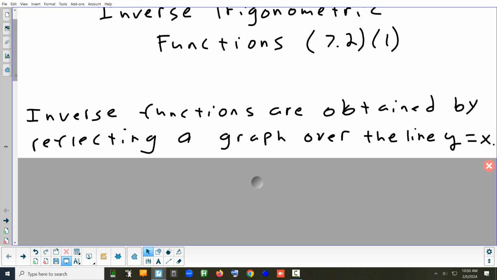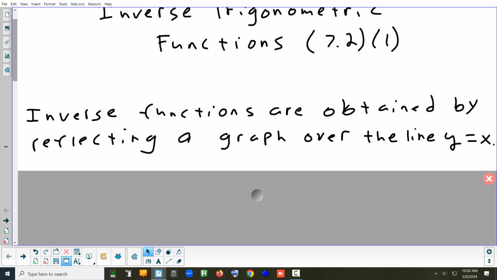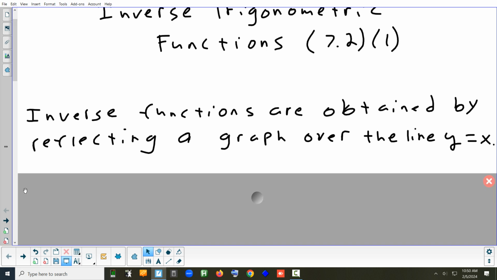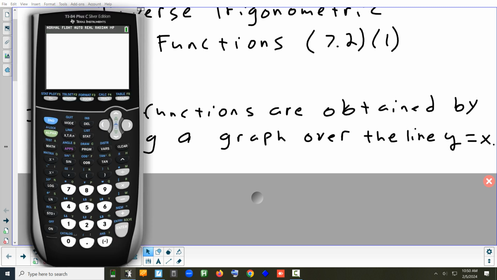So remember that any inverse function, not just inverse trig, but any inverse, is basically a reflection over the line y equals x. That's what an inverse function looks like. As an example, let's do a square root. And what function is the inverse of square root? Squaring.